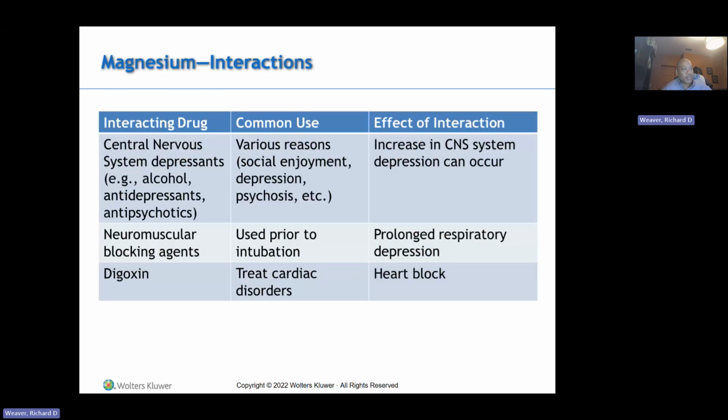Of course, if they're on the ventilator, it really doesn't matter because the machine is breathing for them. But if you're trying to wean them, then you have to back off of the magnesium, because otherwise they won't be able to come off of the ventilator. Digoxin is used to treat cardiac disorders, and it can lead to heart block.